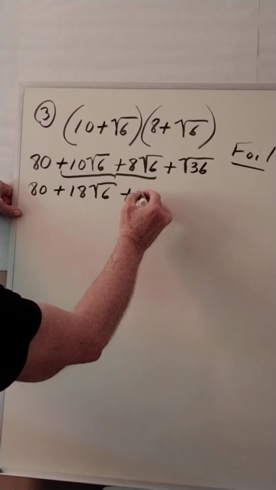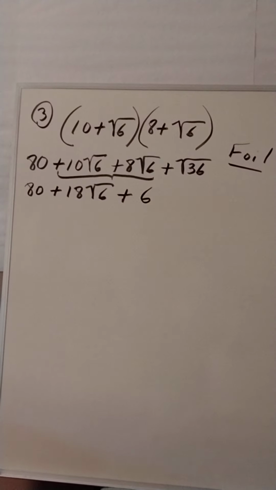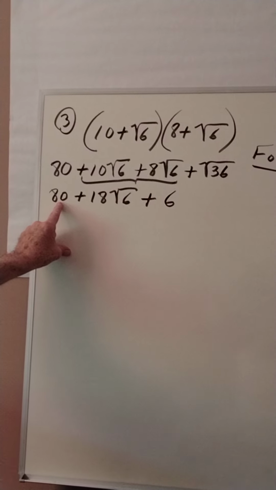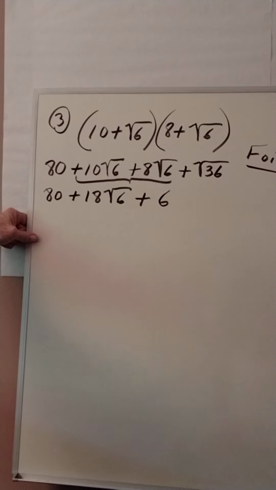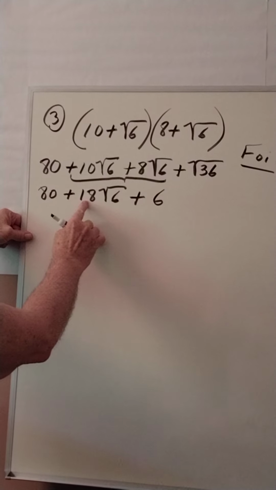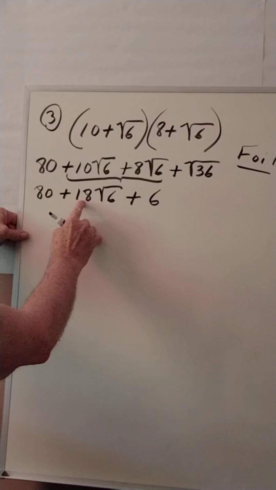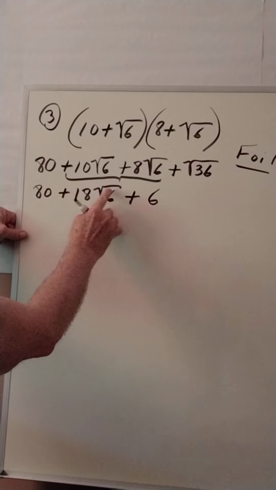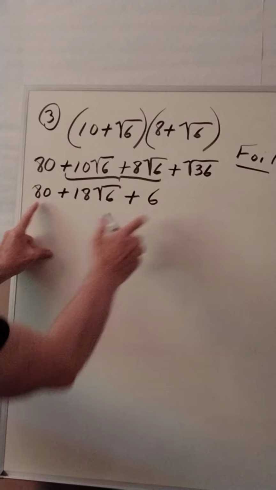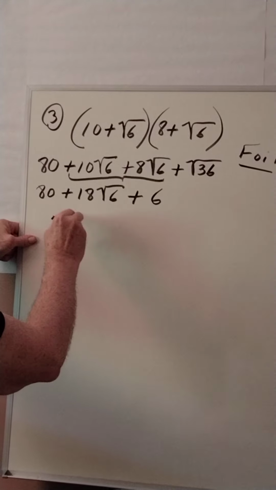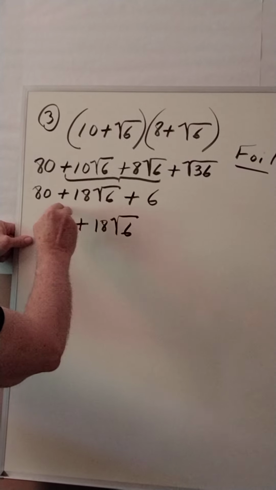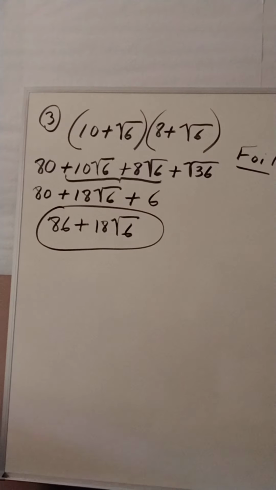We write the rational number 6. And now combine like terms. 80, the real number. Positive 6, the real number. Like terms, combine them. Don't combine with that 18, because that 18 is glued to that radical of 6. It's a completely different term than those. So 86 plus 18 root 6, done.